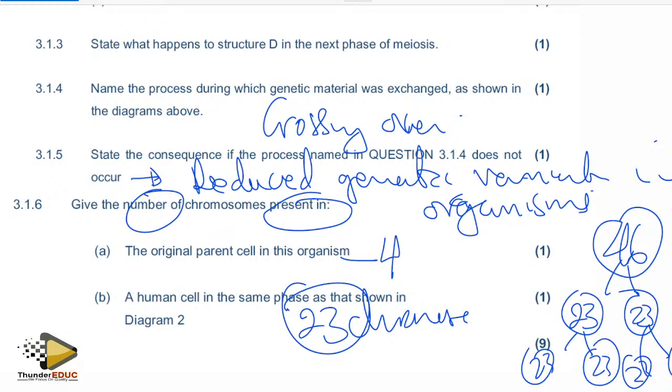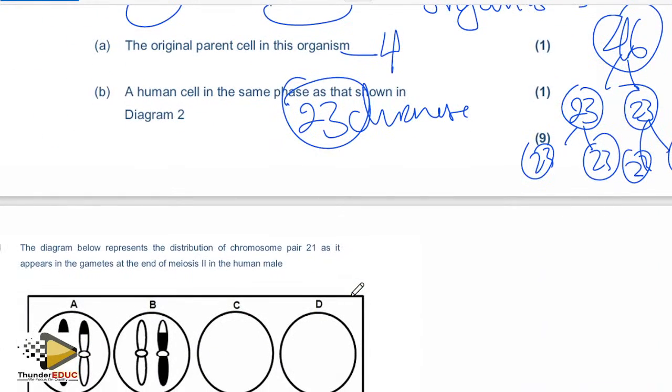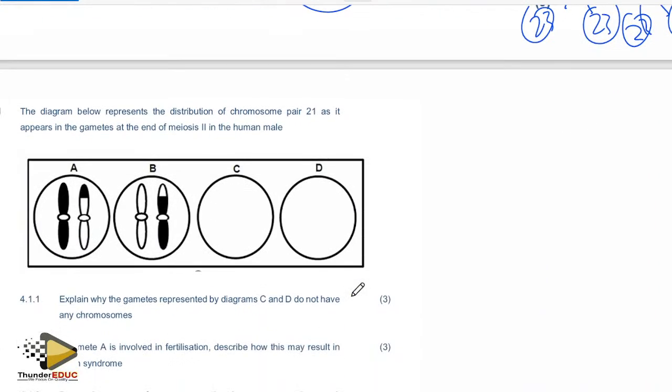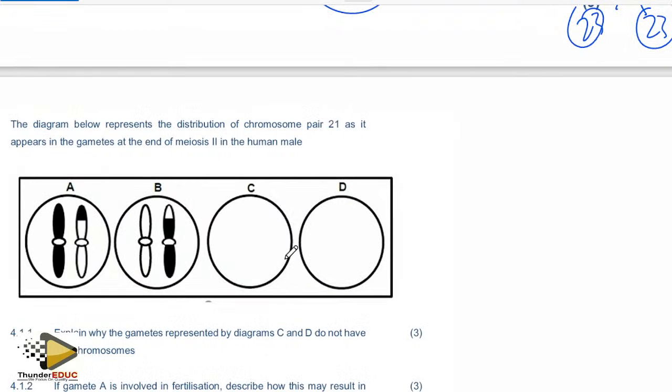The next question says the diagram below represents the distribution of chromosome pair 21. But we have not talked about Down syndrome. We have not talked about non-disjunction.